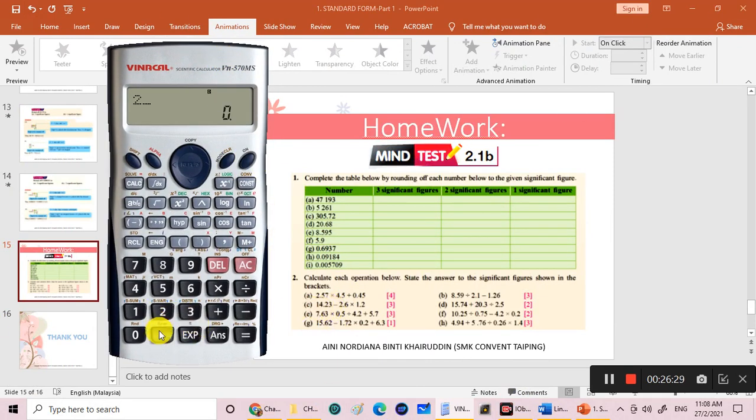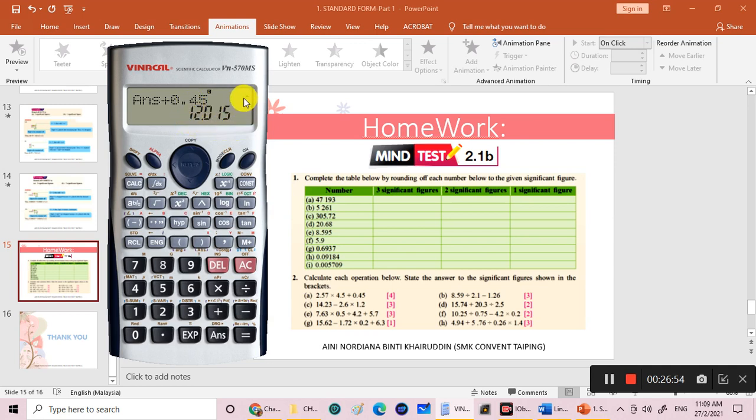So, 2.57 times 4.5. So first, this is the answer, then plus 0.45. So the answer here is 12.015.